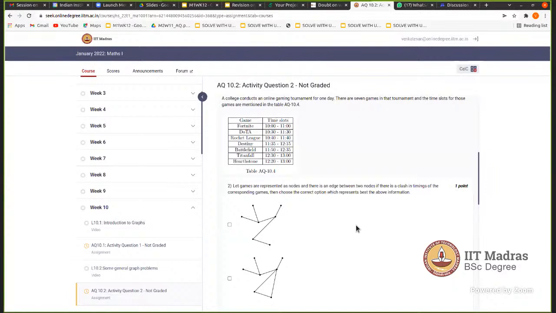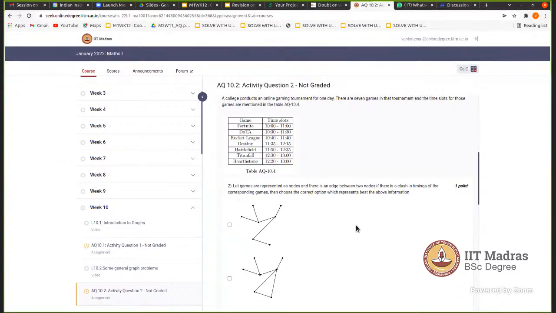Now, in the question itself, they have given you what are nodes and what are edges. The games are represented as nodes. How many nodes do you have? 7. And there is an edge between 2 nodes if there is a clash in timings of the corresponding games. See, Fortnite and Dota have a clash in timings from 10:30 to 11. Both games run at 10:30 to 11.